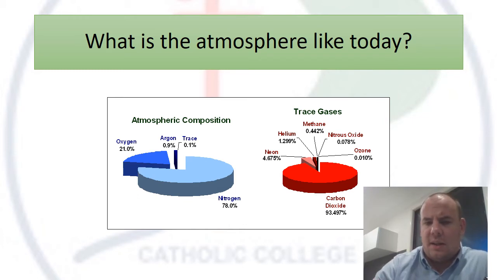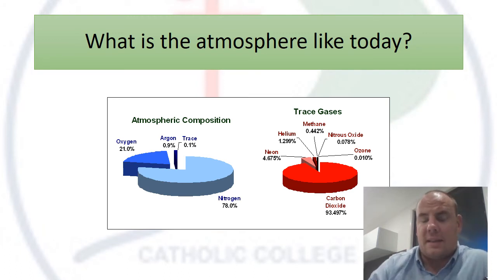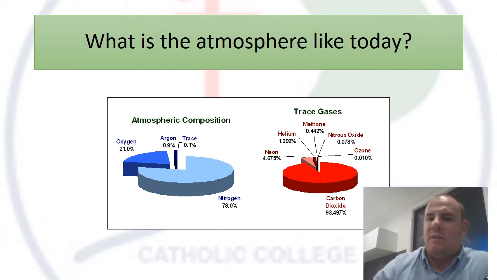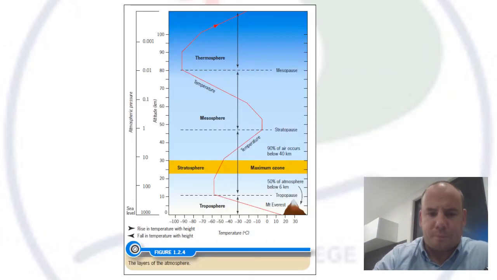So we can see that trace gases are basically made up of carbon dioxide, but on the whole it's a very small percent of all the gases in the atmosphere. When we're talking about climate change, the amount of carbon in the atmosphere is only about 0.1%, but any changes, although they look small, can have big effects on the atmosphere as a whole.